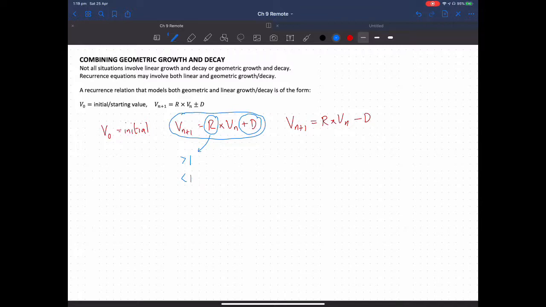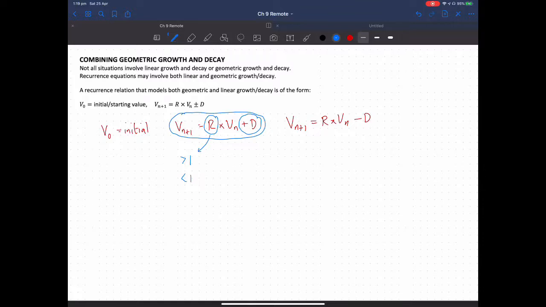So for instance, if we multiply a number by R that is bigger than 1, and then we add another value to it, multiplying by a number bigger than 1 increases, adding another value to it increases further. That means Vn plus 1 is going to be getting bigger and bigger and bigger. If the number for R though was less than 1, so let's say it was a half, we halve our value for Vn.